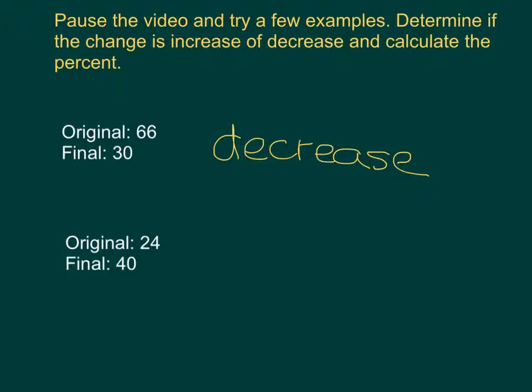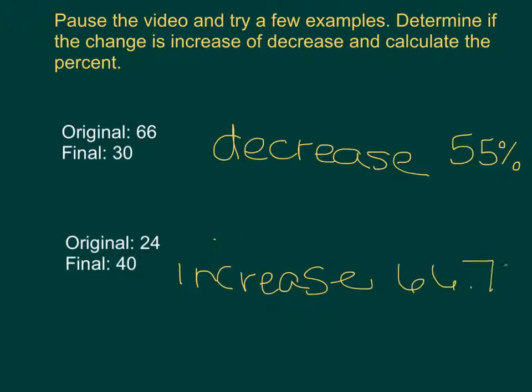And when you calculate everything out, you should have gotten a 55% decrease. The next one is 24 is our original number and 40 is our final number. That's an increase because the number started at 24 and it increased to 40. So we can say that it is an increase and it is a 66.7% increase.